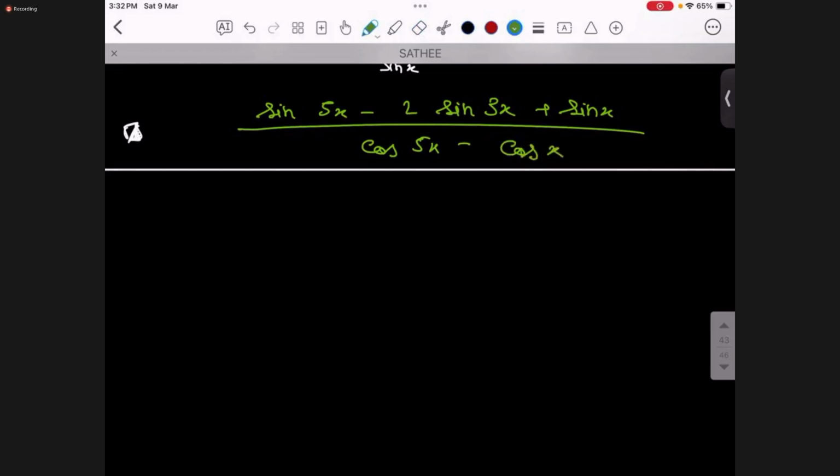Now we need to simplify this given expression for trigonometric functions, and to obtain the simplest form we can obtain from here. Okay. So let's do.